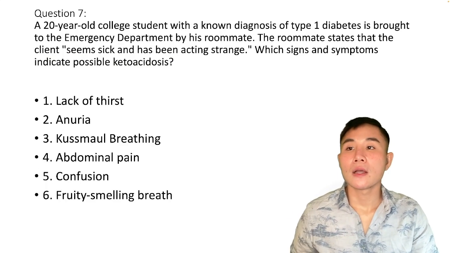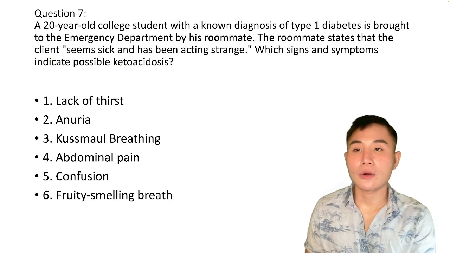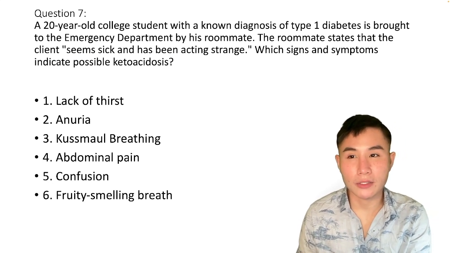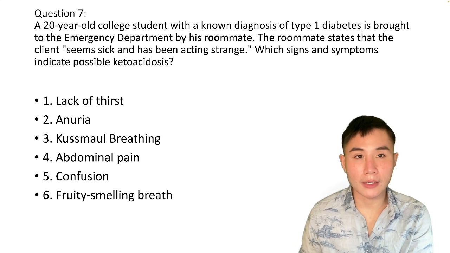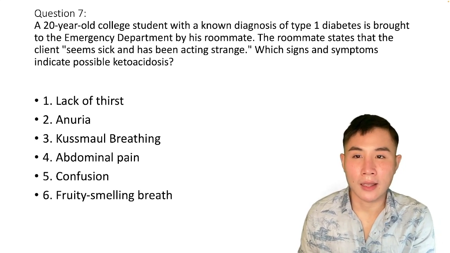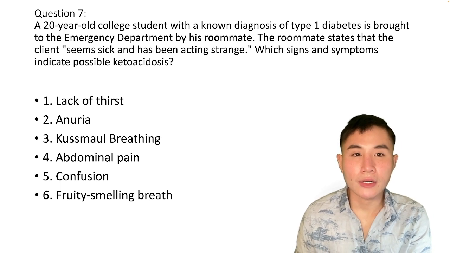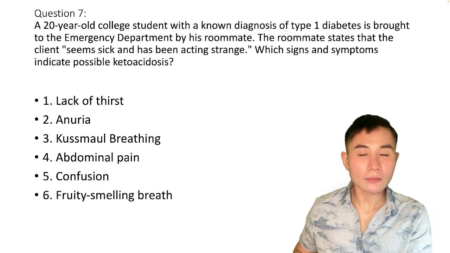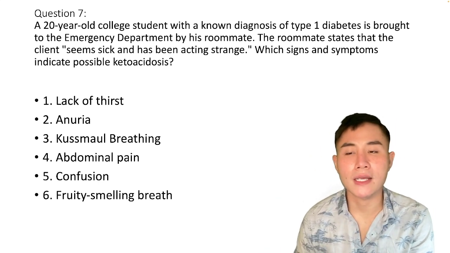Okay. Question 7. A 20-year-old college student with a known diagnosis of type 1 diabetes is brought to the ED by his roommate. The roommate states that the client seems sick and has been acting strange. Which signs and symptoms indicate possible ketoacidosis? So what is ketoacidosis?